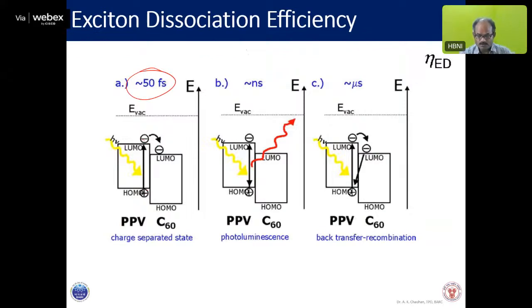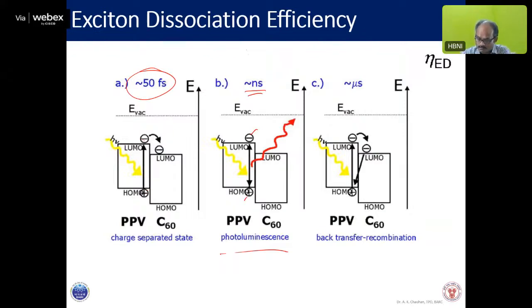Now, if it is not moving to this place, then there is a recombination. And because of that recombination, if it is a radiative recombination, we are getting a photon out of that, approximately of the same value which was absorbed. This is also called photoluminescence. This time scale is of nanosecond order.